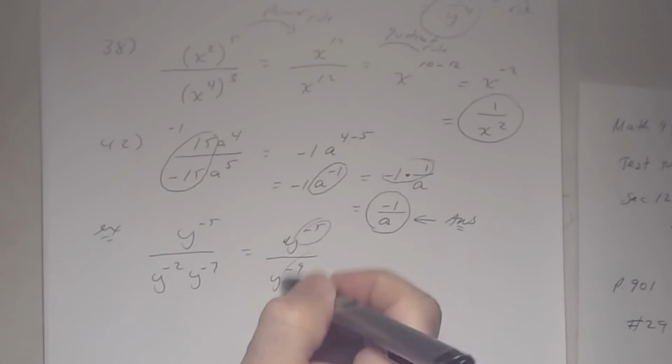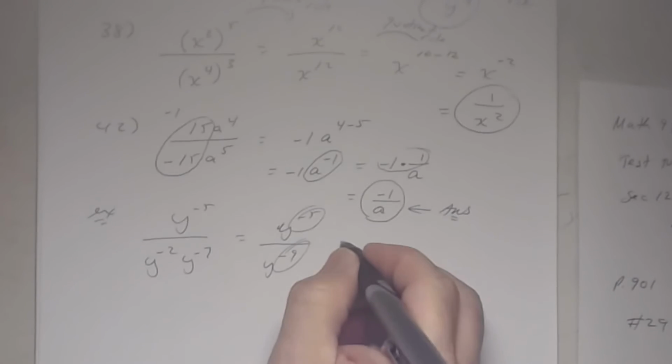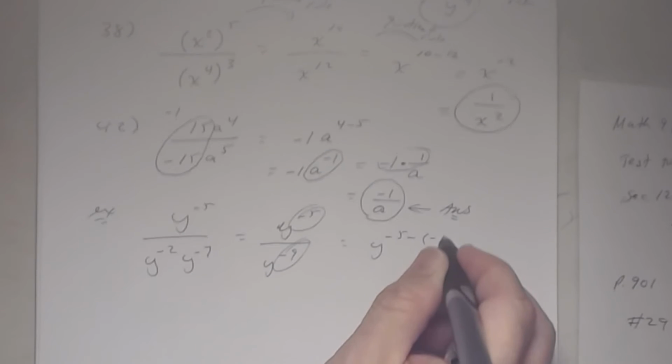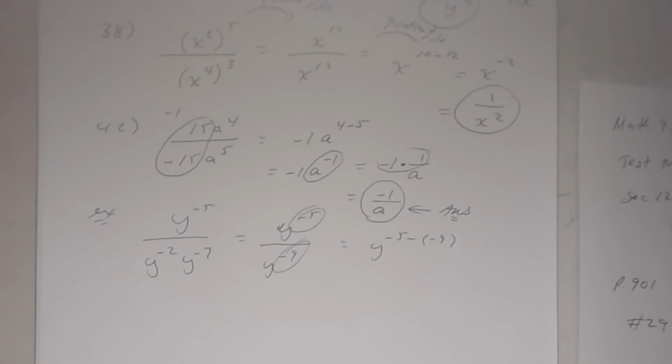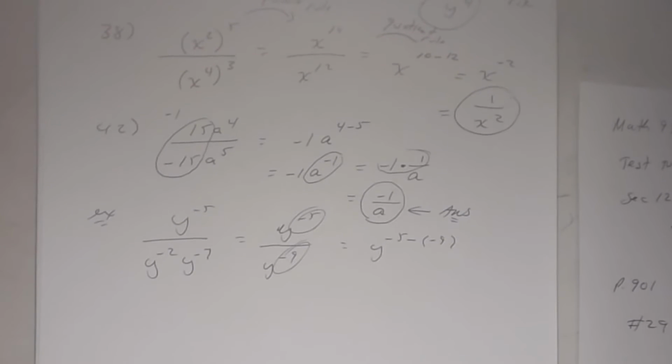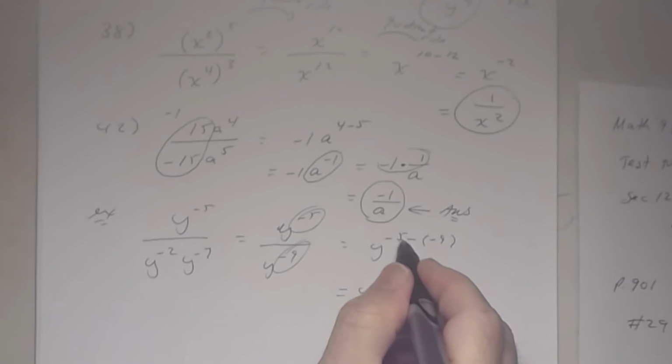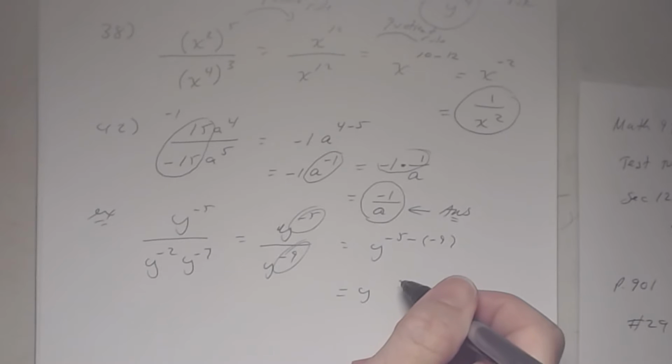What are those exponents I'm circling? Subtract. So that's y to the negative 5th, subtract a what? Negative 9. Okay, now you got to remember your signed rules. Negative 5 subtract a negative 9 is the same as negative 5 what? Plus 9. Good.